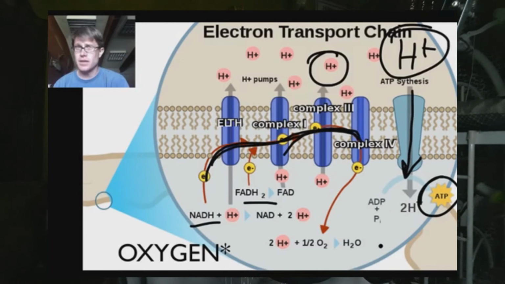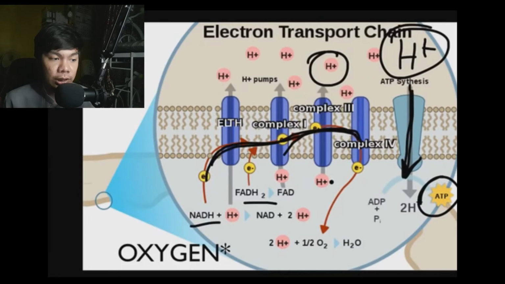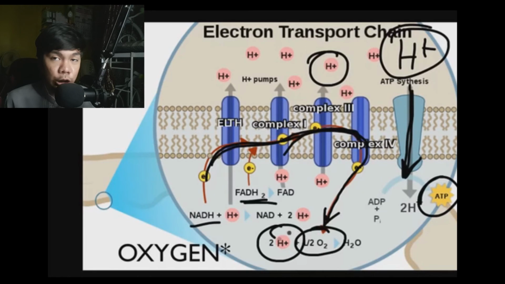But what now happens to the electrons that went through the electron transport chain? Those electrons will eventually go to oxygen, and combine together and turn into H2O, or water.